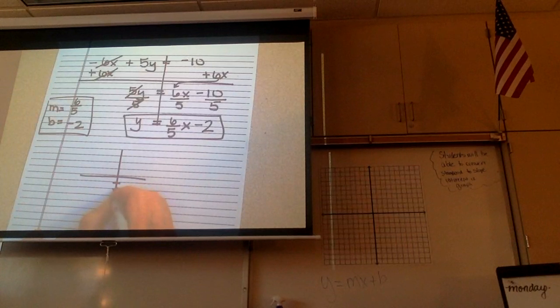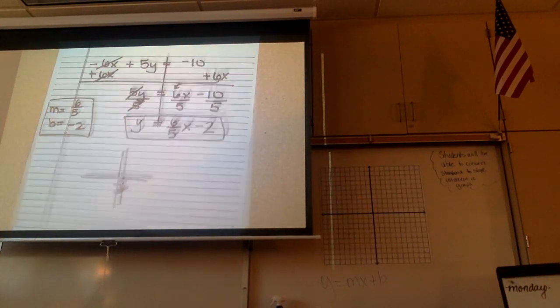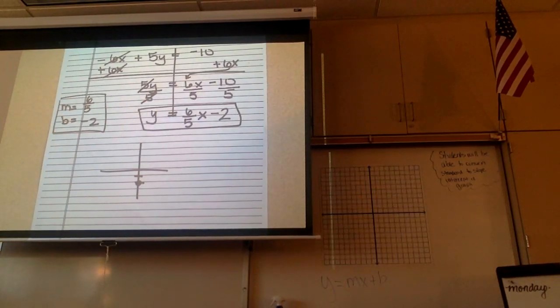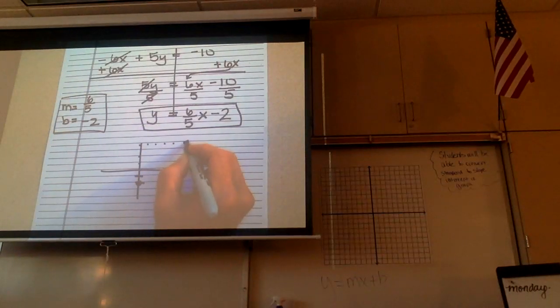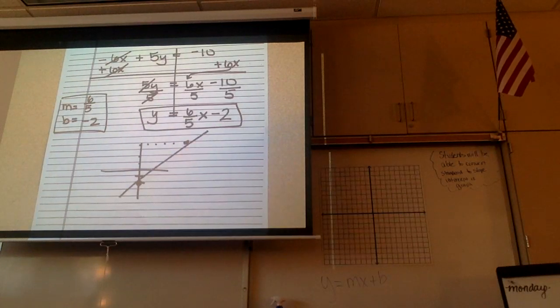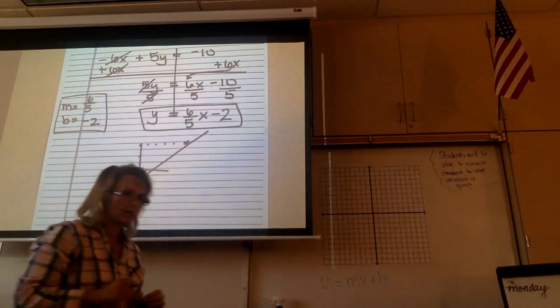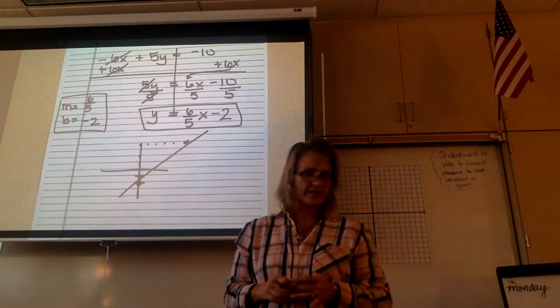From there, what are my moves? Up 6, over 5. 1, 2, 3, 4, 5, 6. Over 1, 2, 3, 4, 5. Boom. Right? I know what that looks like now. I didn't at the beginning because it was in standard form, not slope-intercept form.